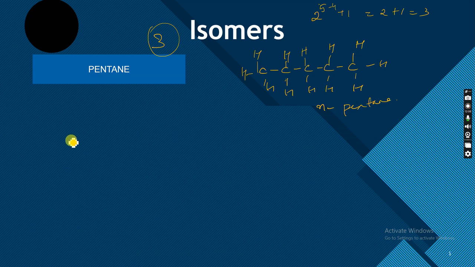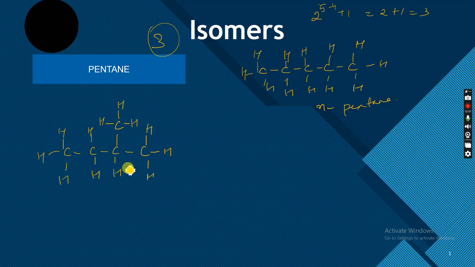Second one, 1 alkyl group, 1 carbon: just like butane, you put it on the second carbon. 1 2 3 4 carbons, so 1 you can put here. That's how you draw. Then you put the hydrogens here. This is your isopentane.